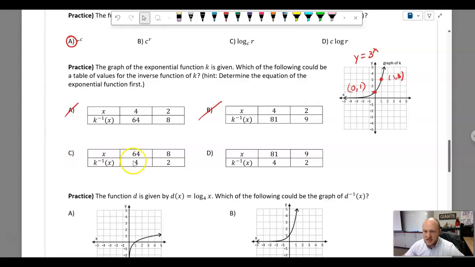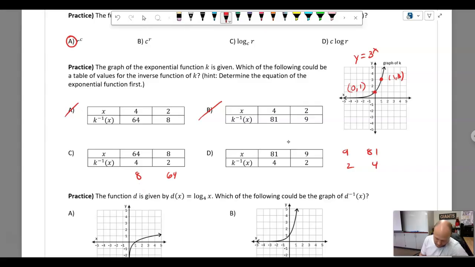So C, I have proportional inputs that are growing. But this is kind of weird. Notice how these values are switched. I really wish it would be like 9, 8, 1 would be 2, 4, which seems to be our answer here. 8, 4, 64.